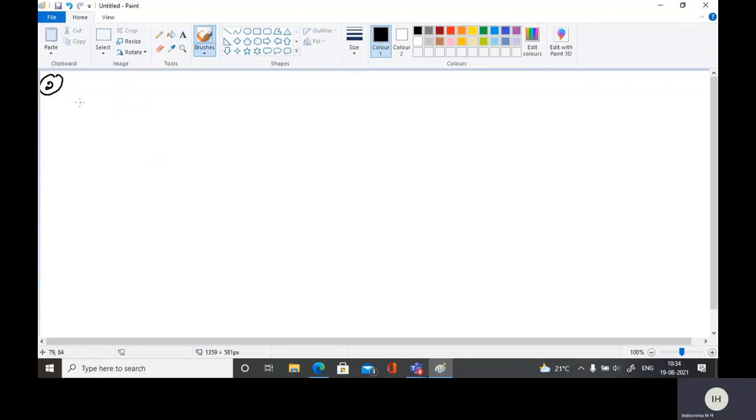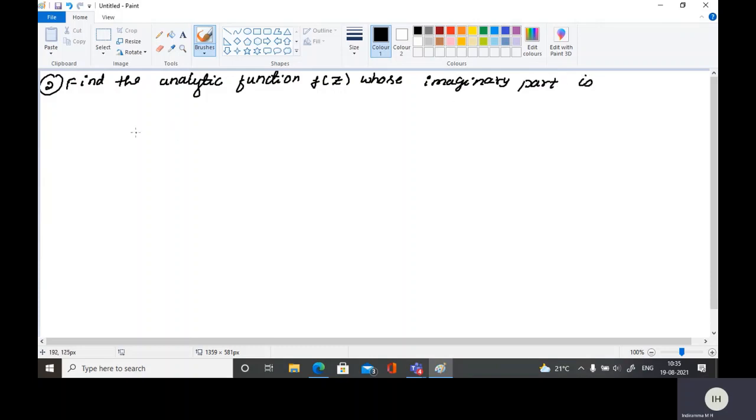Find the analytic function f(z) whose imaginary part is e^x (x sin y + y cos y).